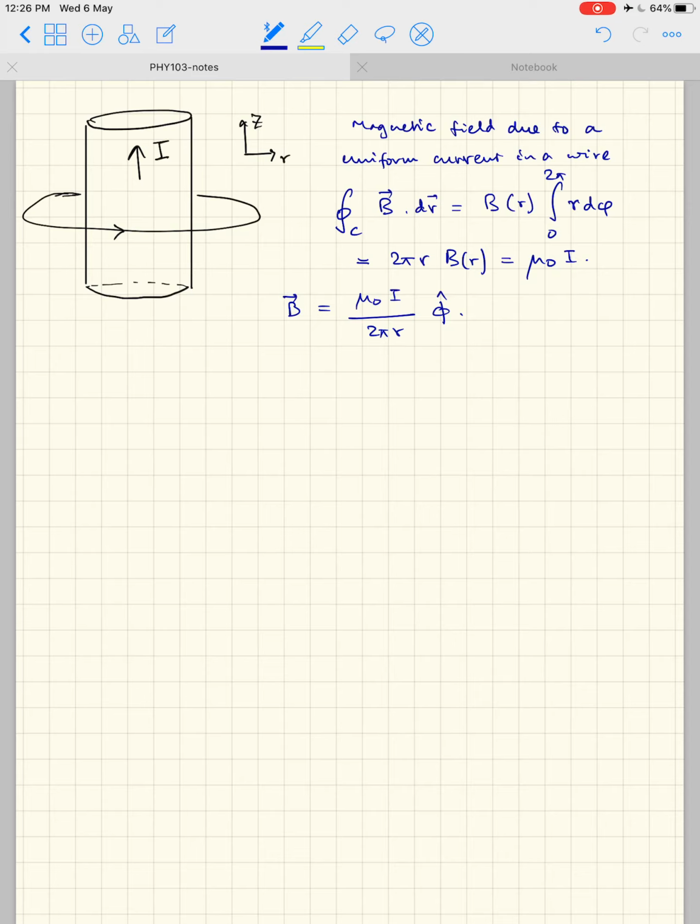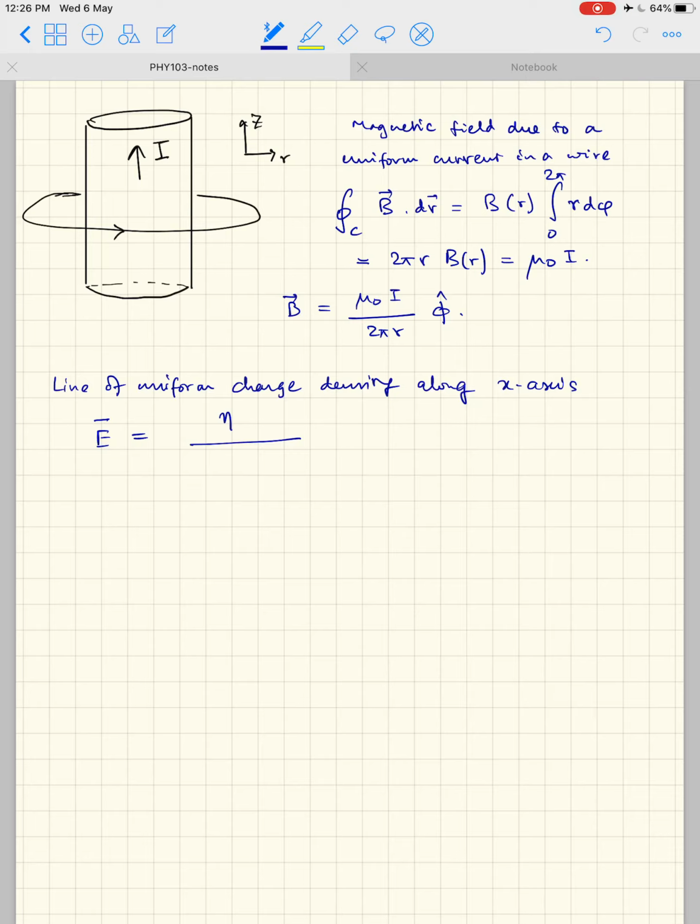Now suppose we have a line of uniform charge density lying along the x-axis. So along x-axis, E is going to be simply eta.